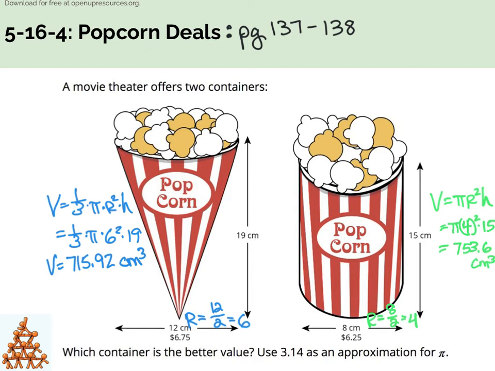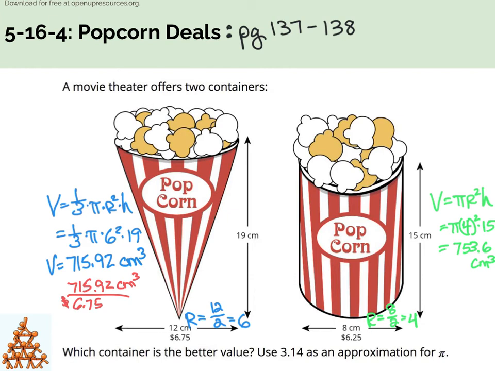Okay, but let's go ahead and figure out how many cubic centimeters we get per dollar. So with the cone, we're going to take the 715.92, that's centimeters cubed. We're going to divide it by 6.75, and that's our dollars.